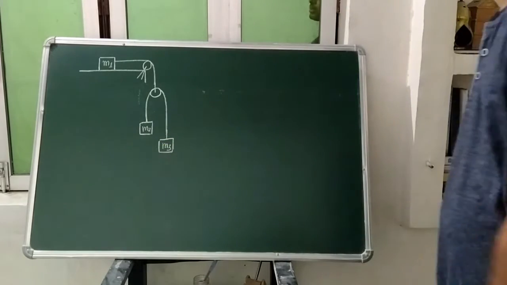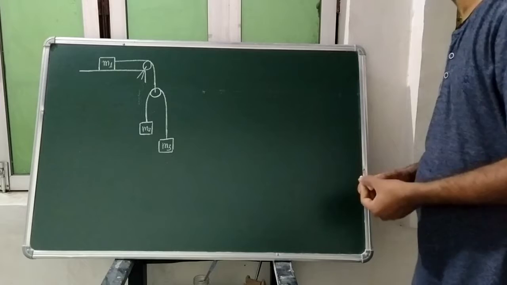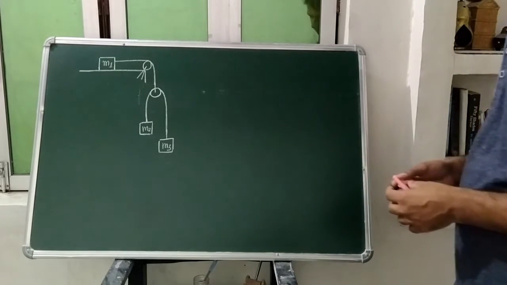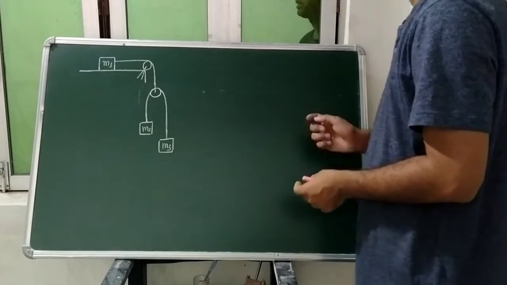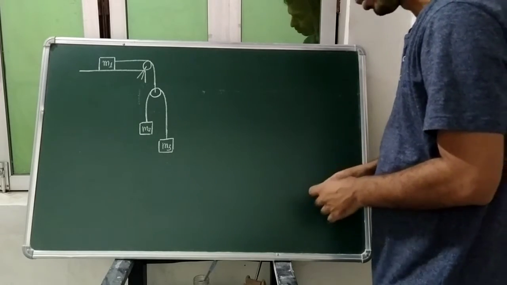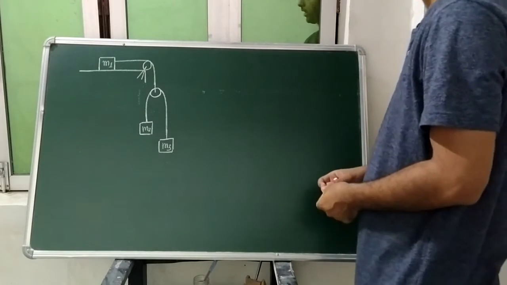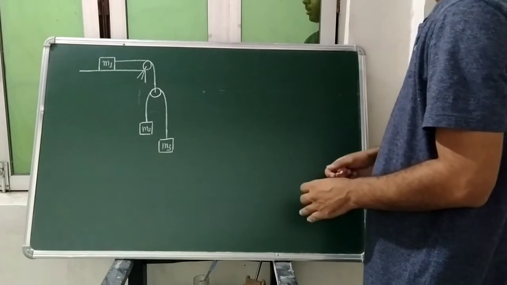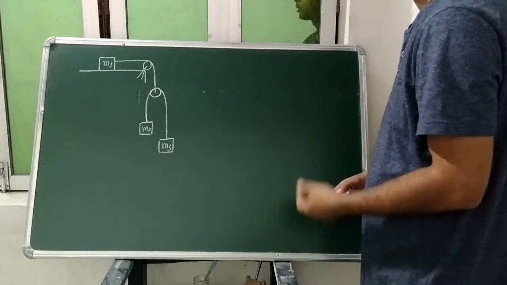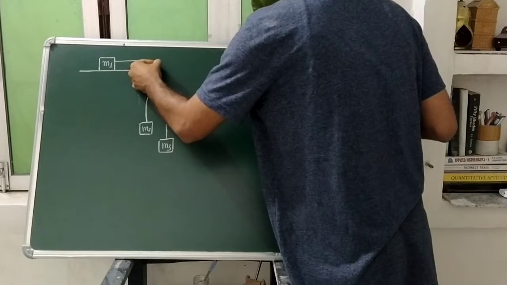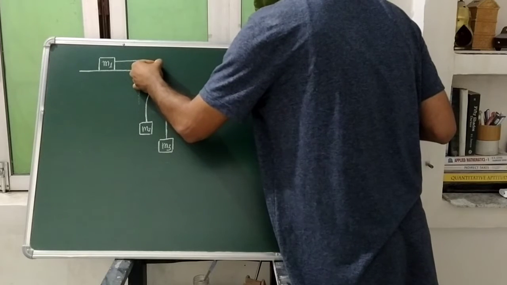And suppose students, we want to know the relation between the accelerations of the blocks of this problem by the traditional method. So to get the relation by the traditional method, our first step should be to select a coordinate system from a fixed point.